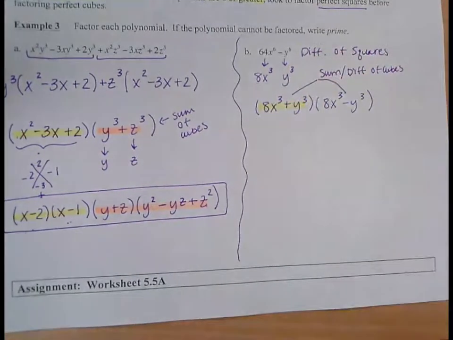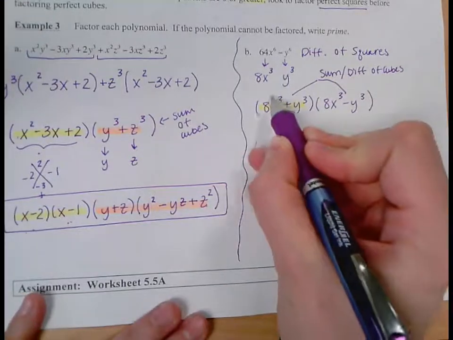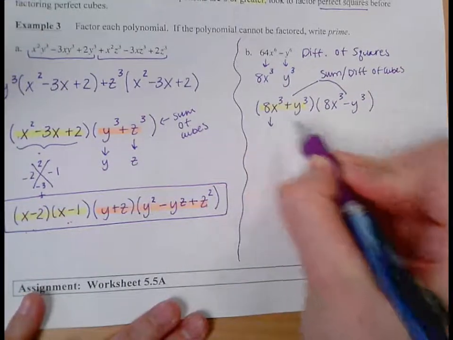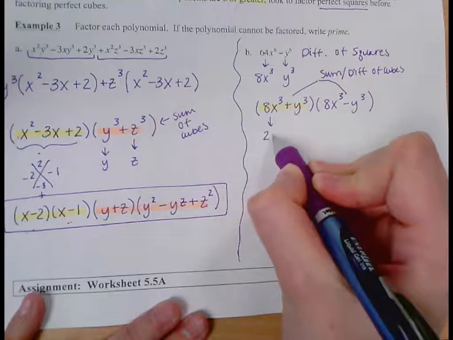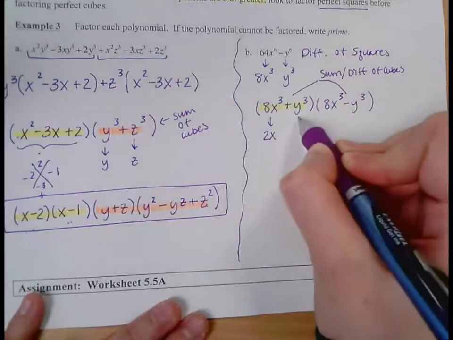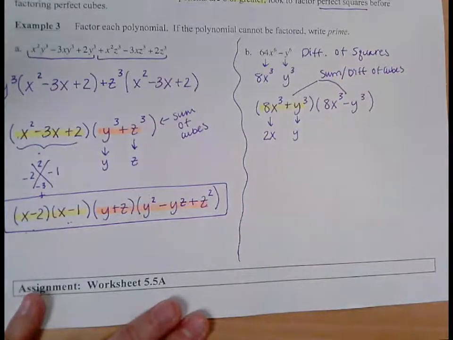So I'm going to factor the sum of cubes first. They're going to look very similar. So the cube root of 8x cubed is 2x. Cube root of y cubed is y.